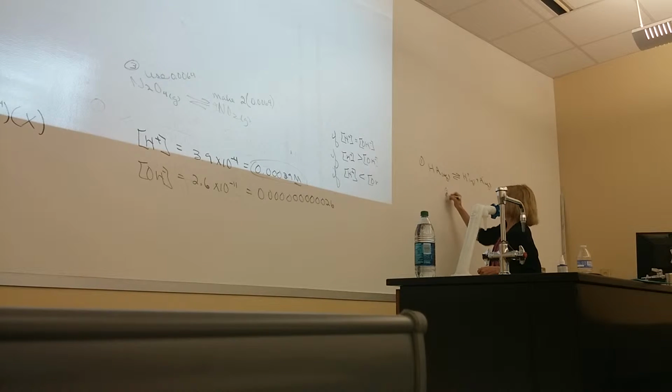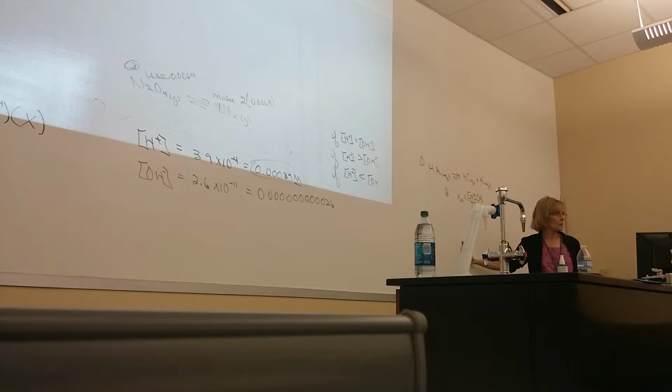And then step 2, Ka is always written like this. Okay, now let's see. Ice table, probably.